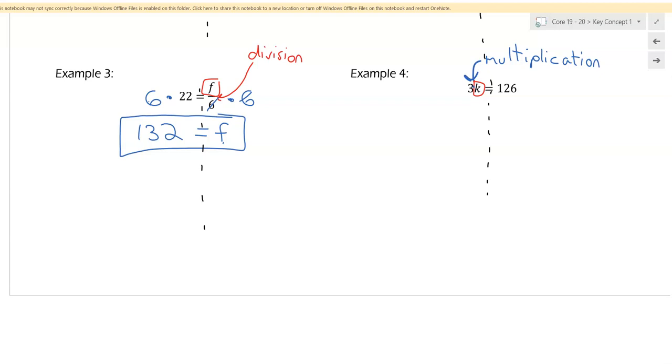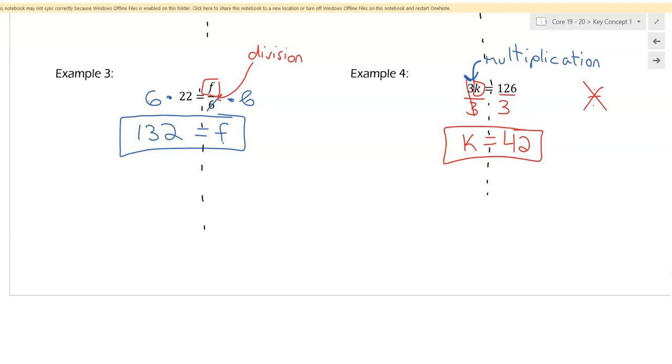The opposite of multiplication is division. Again, we want to get away from using that symbol. Just a fraction bar from pretty much here on out will represent division. My 3's cancel. I'm left with k equals 126 divided by 3, which is 42. Again, feel free to use a calculator, but for sake of time in our video, you can trust me.